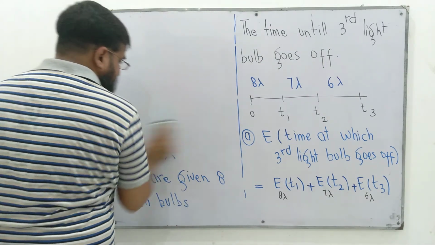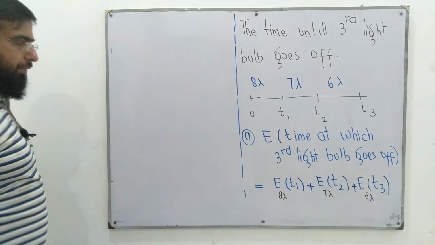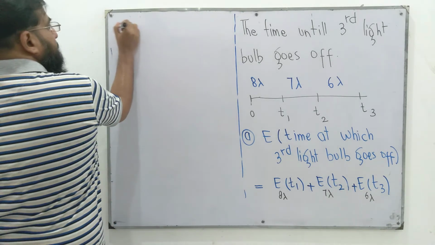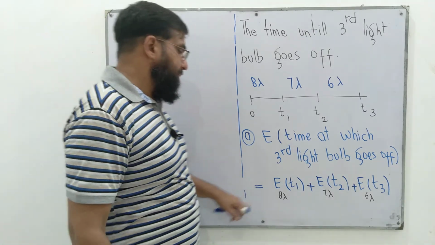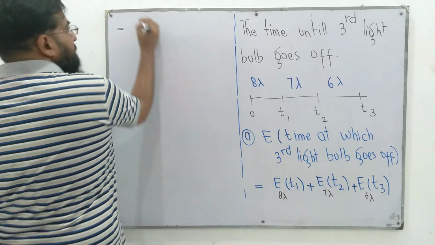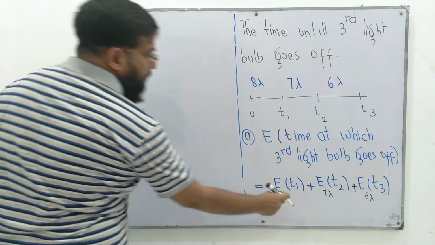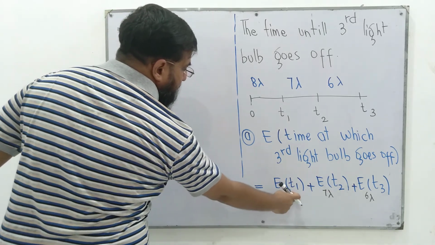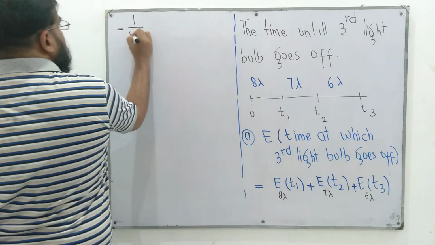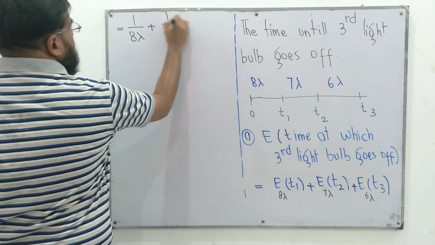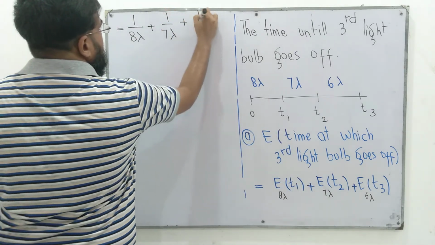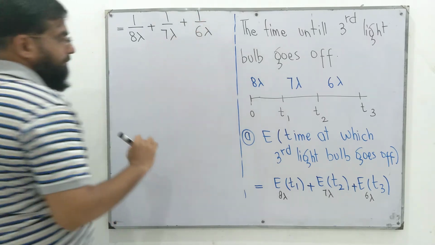So now we are ready to compute the expected time till the third failure. It is the expected value of the distribution of the failure with parameter 8 lambda, 1 over 8 lambda, then 1 over 7 lambda, and 1 over 6 lambda.